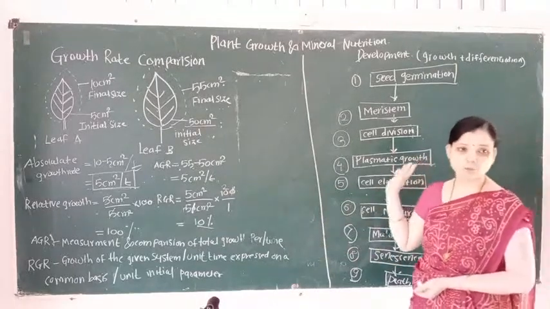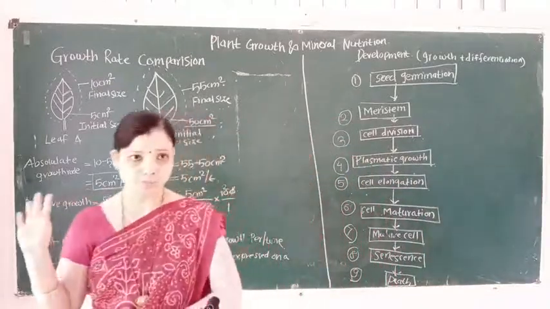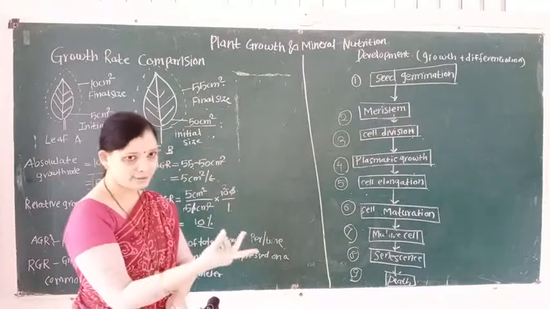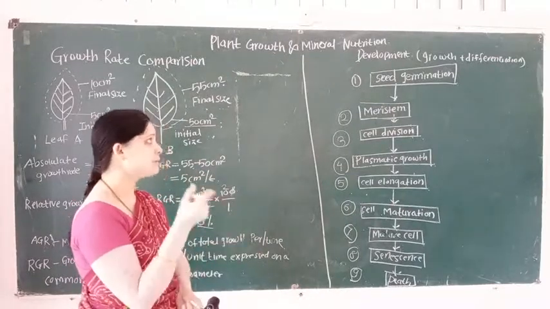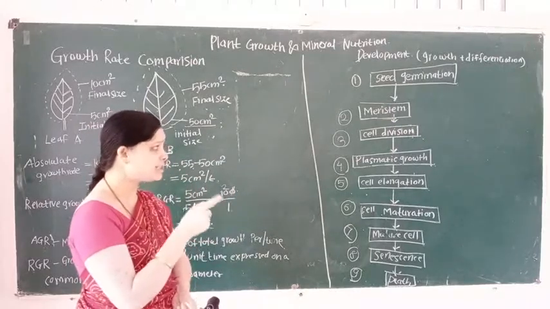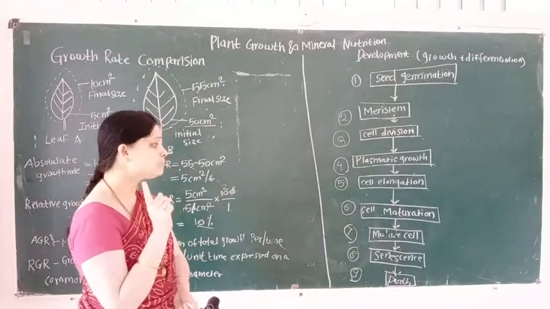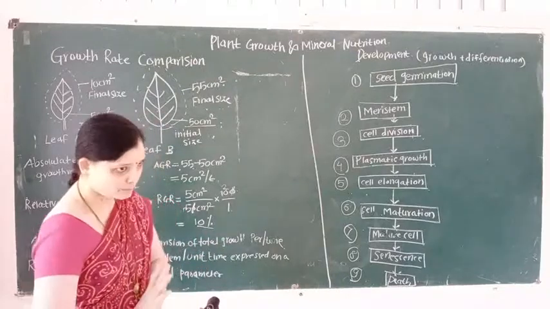And then we also learned the second topic, development, that is the sum of growth plus differentiation, and in development the processes are seed germination, cell division, plasmatic growth, cell elongation, cell maturation, senescence and death.